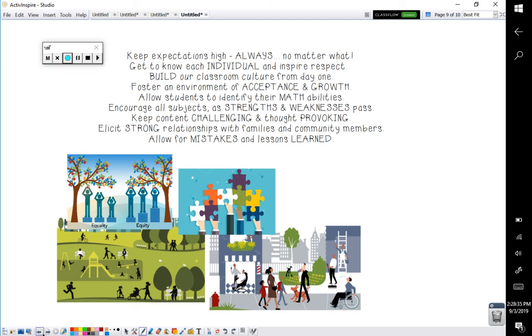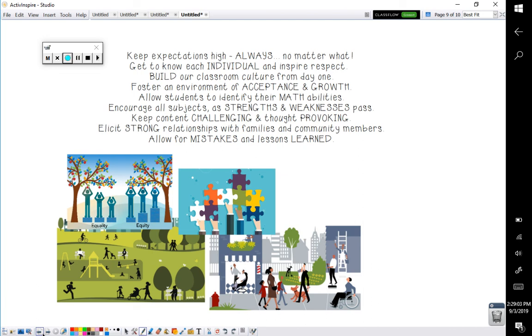We want to have this environment of acceptance and growth so that as our students move on to the next year, they feel supported and really identify their abilities in math and also in life skills and other subjects. They have strengths and weaknesses across all subjects, so just really being there for students and keeping the content challenging and thought-provoking, but allowing for multiple entry points as we had discussed.